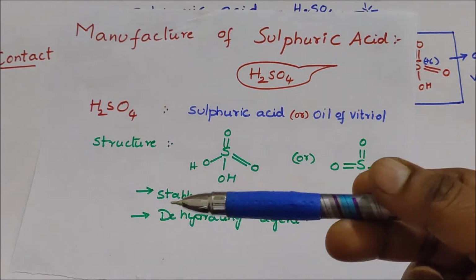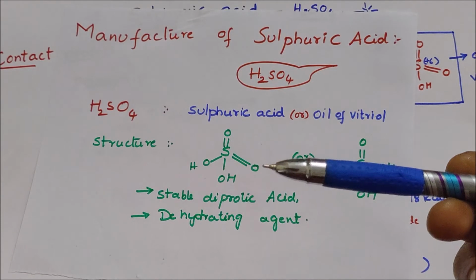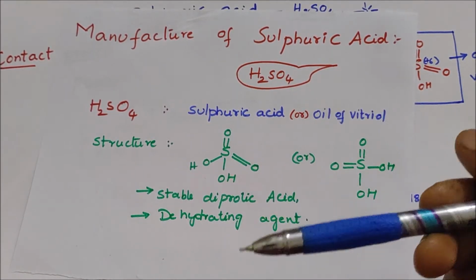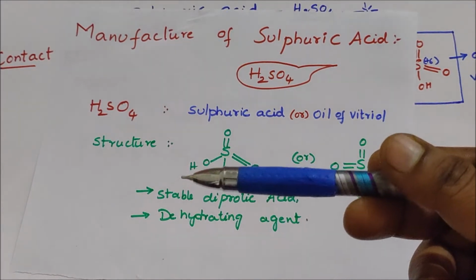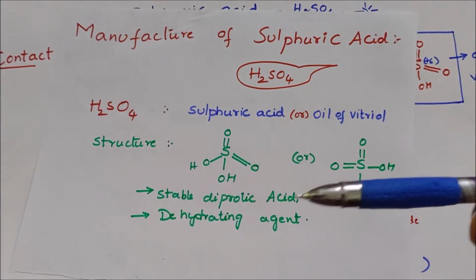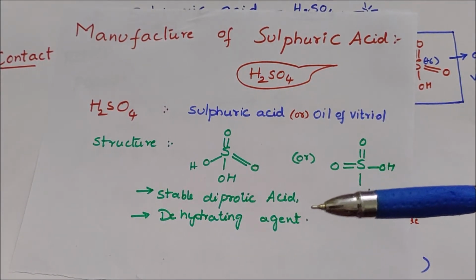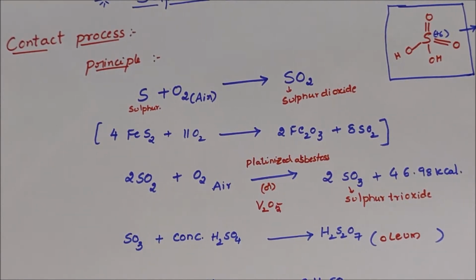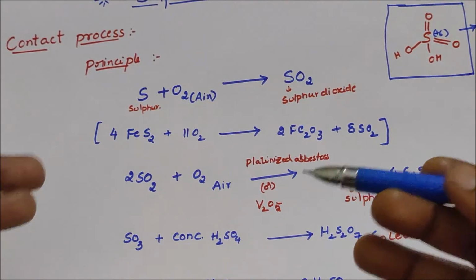Any compound that reacts with H2SO4, sulfuric acid, has water molecules removed from it, and it is a stable diprotic acid. Sulfuric acid is a very stable oxoacid of sulfur. It is often called the king of chemicals since it is one of the most useful chemicals in industry.